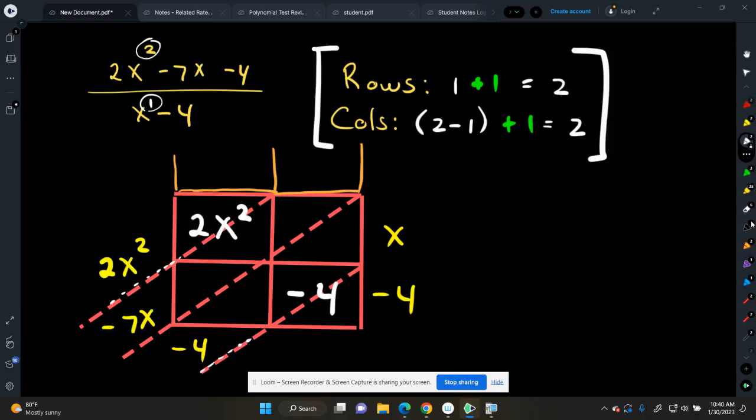We get x to the 3rd plus 5x squared plus 3. How do you know if there's 0? Because I already had 10x squared, and it's 10x squared on the diagonal.